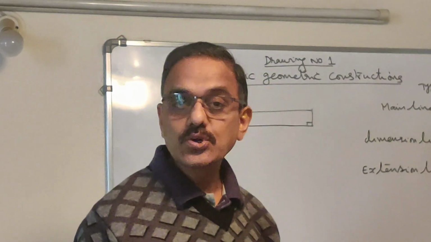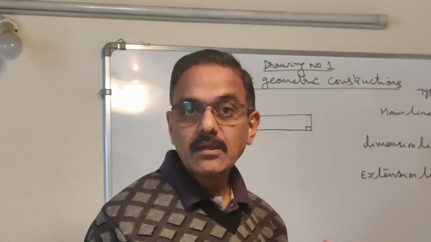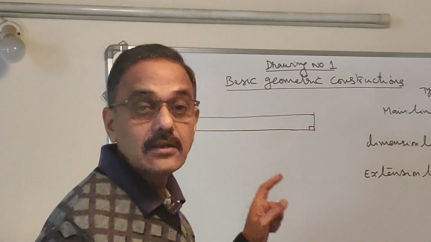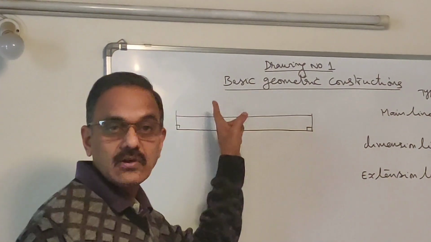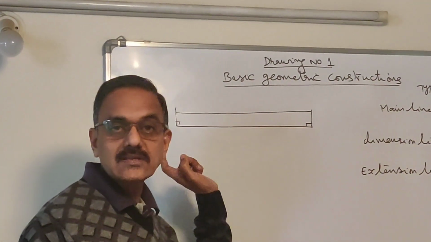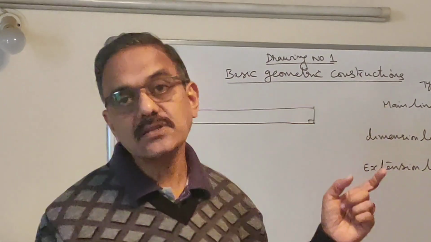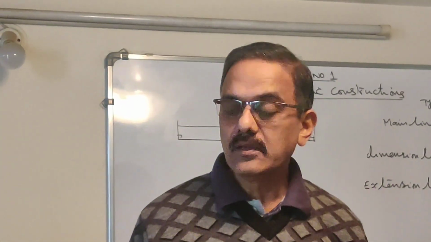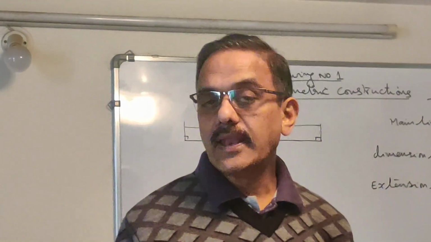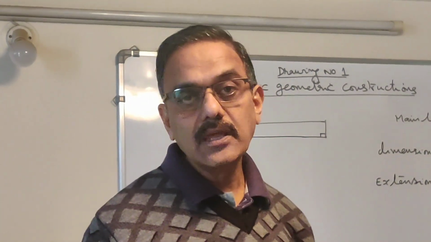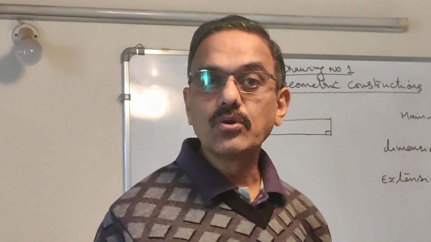So that is how you can show the difference. But it is very important that you show the difference in thickness when you do it manually. Okay, that comes by practice. So I don't recommend you using two different pencils for drawing the main line and dimension line. The same pencil or the same lead can be used, but varying the pressure with which you draw.